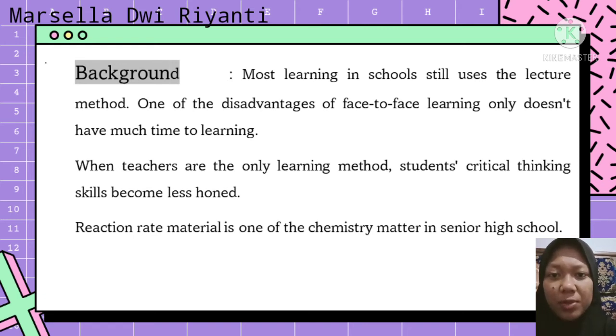One problem of student difficulty is that the reaction rate material is abstract, as said by Kirik and Yazdan, that reaction rate is one chemistry concept which is abstract.